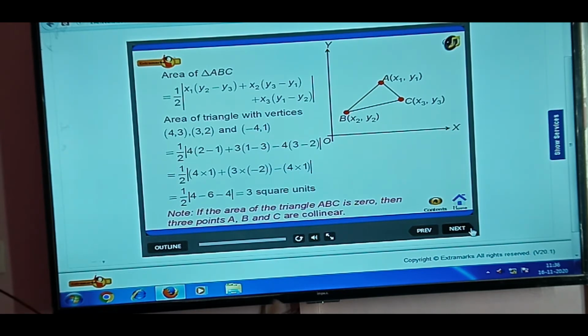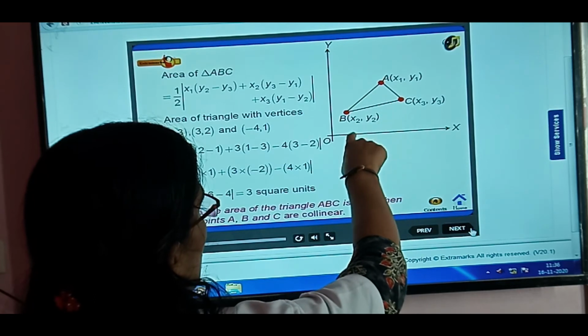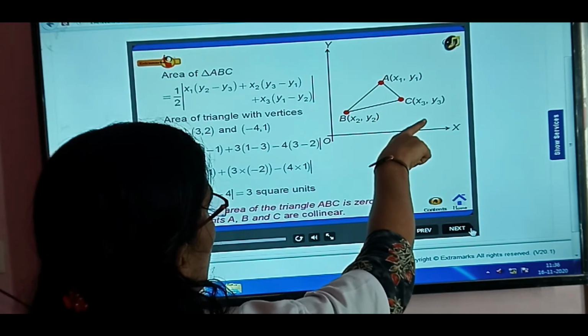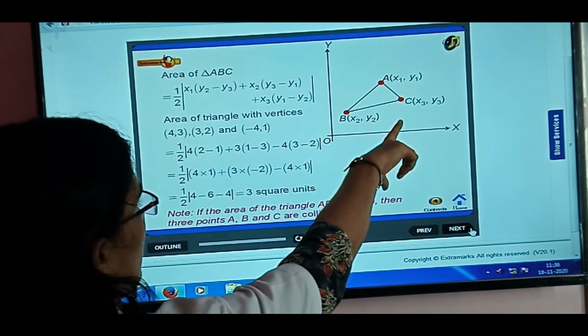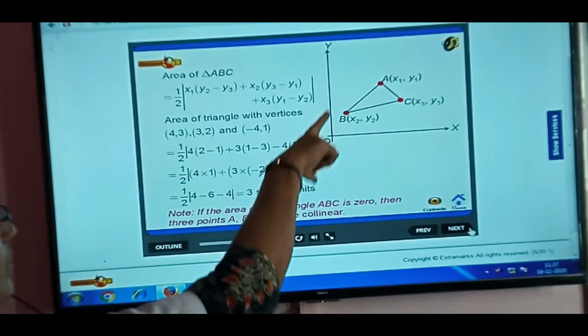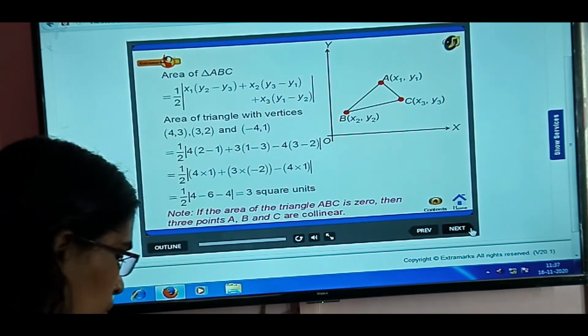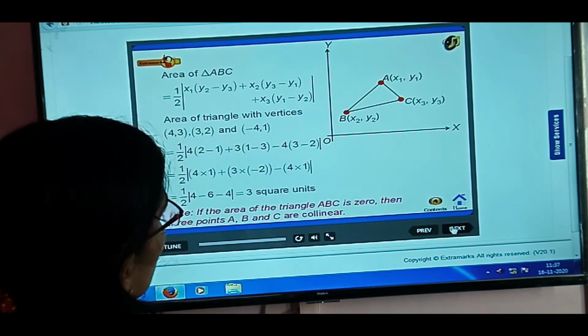So this is also your previous knowledge, how to find the area of a triangle in a Cartesian plane. A, B, C are any three points in a Cartesian plane with the points x1, y1, x2, y2, x3, y3. Then how can you find the area of the triangle? If these 3 points are in a straight line, then these points A, B, C are called collinear. All this you have studied in 10th standard. Now let us move to our new section.